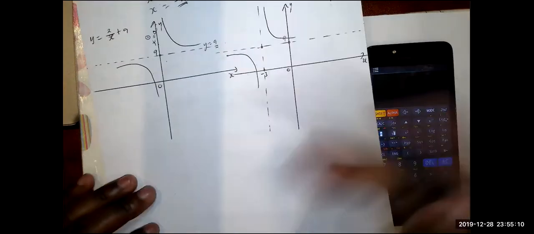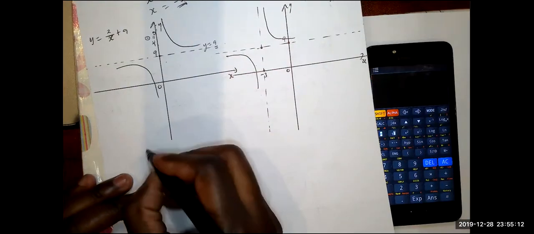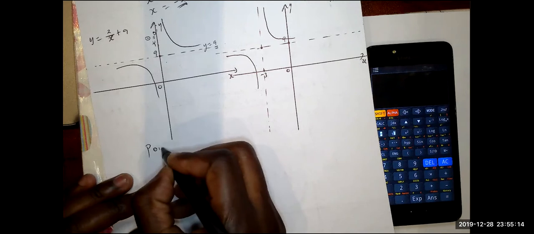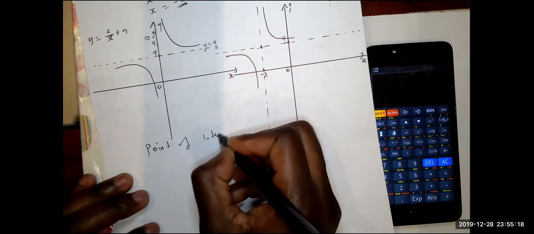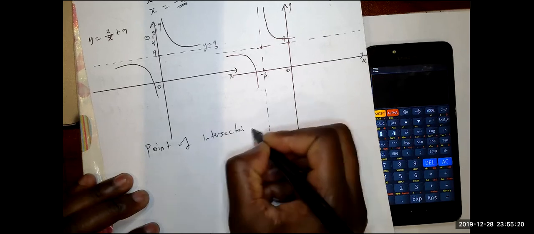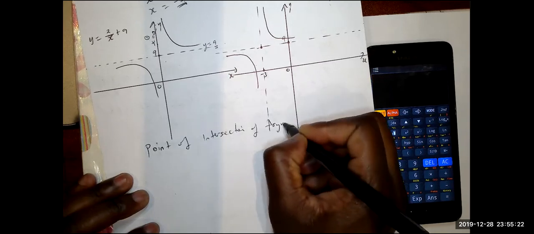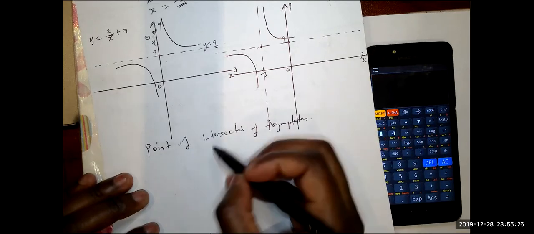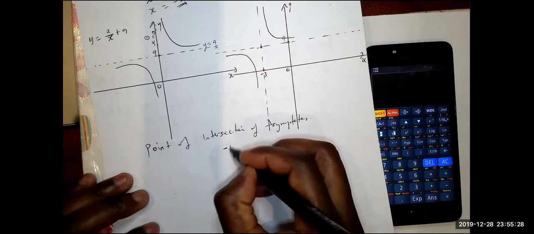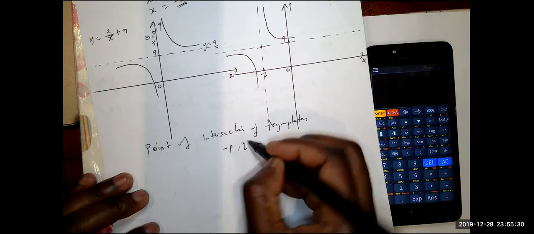Okay, so the point of intersection of asymptotes is negative p, q.